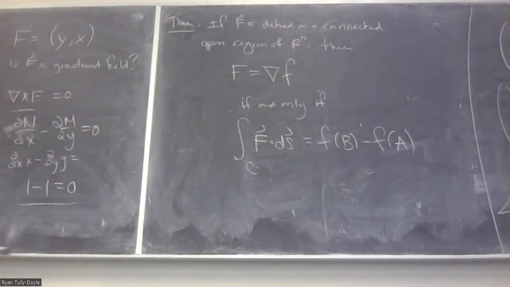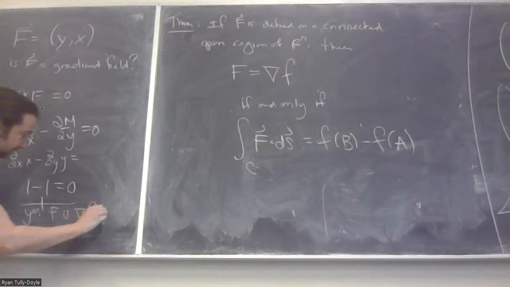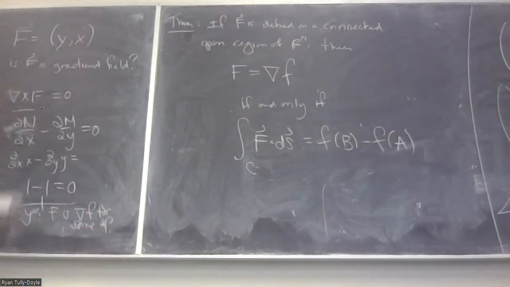But if path independence holds, that thing should have a gradient function, or potential function, associated. It is a gradient field. So the answer to this is yes. F is a gradient field. F is grad f for some f. To which your friendly neighborhood math professor says, okay, go find the f.